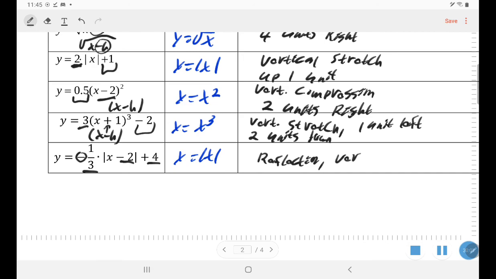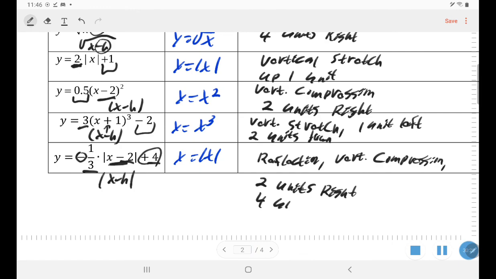So I have a vertical compression. Okay, the x minus 2, remember it calls for x minus h. So that minus really means that h is positive, so it's going to move 2 units right. And the plus 4 is going to be 4 units up.